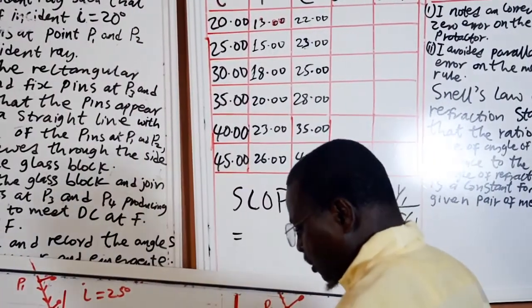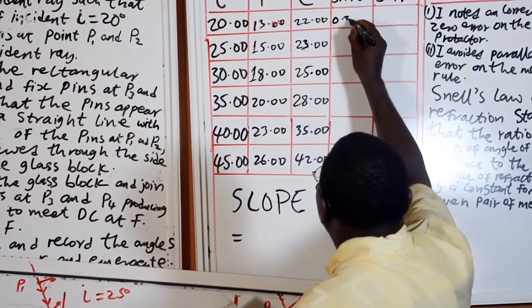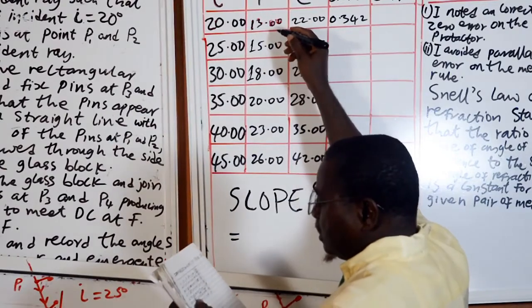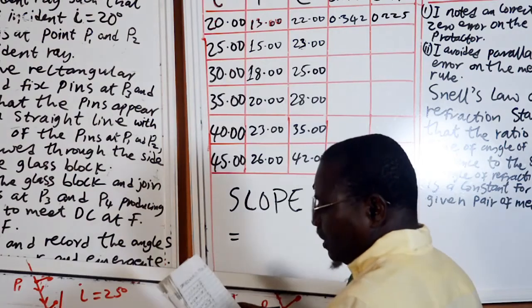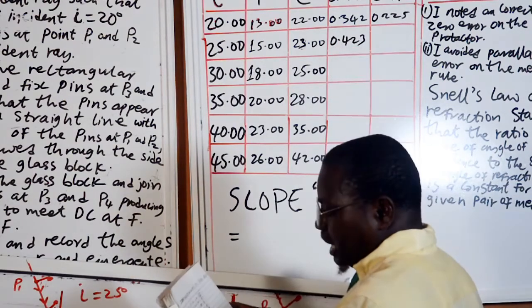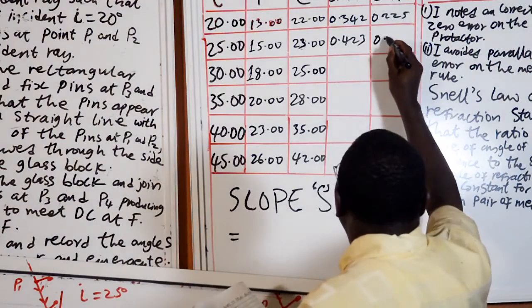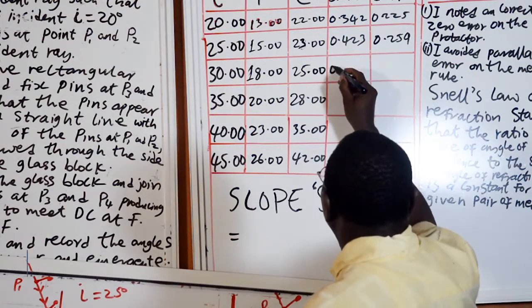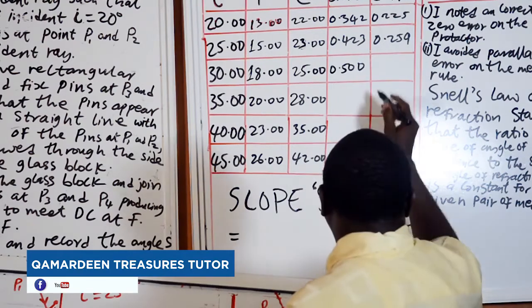Now, these are the values of sine. Sine 20 is 0.342. Sine 13 is 0.225. Sine 25 is 0.423. Sine 15 is 0.259. Sine 30 is 0.5. Sine 18 is 0.309.